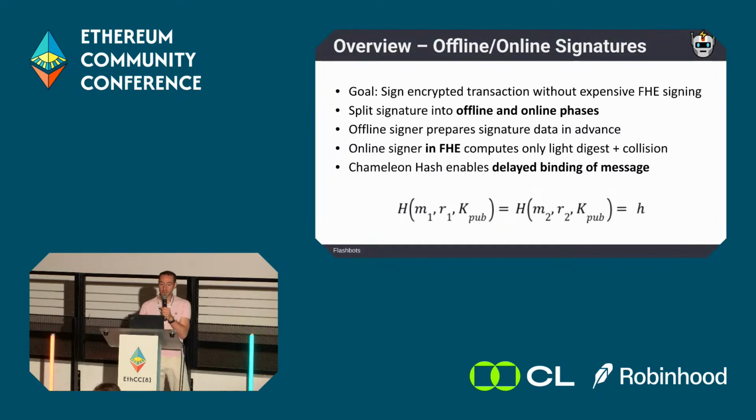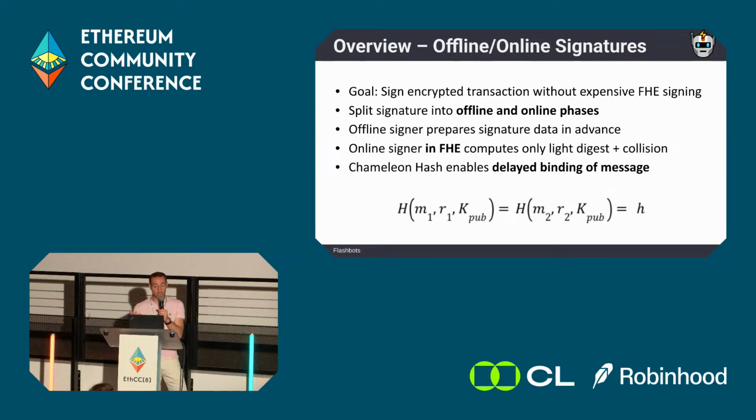Okay, so remember our goal is to sign an encrypted transaction without relying on very expensive FHE signing operations. And now we've got the building blocks to split the signing process into an offline and an online phase. So offline, the signer can prepare the signature, right? Now we know the hash of a future message, in a way.